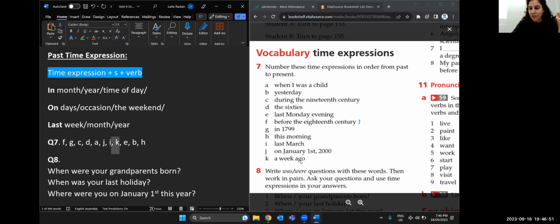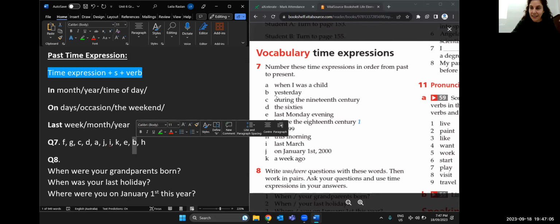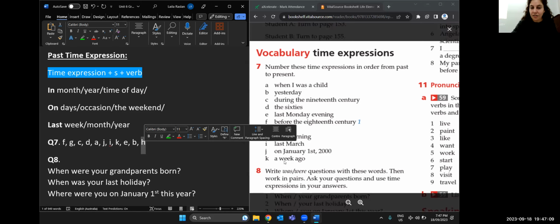So a week ago and last Monday evening. I know because today is Monday, it's a bit strange, but we can say that a week ago is first, and then last Monday evening. After that, yesterday. And the most recent of these sentences, this morning.